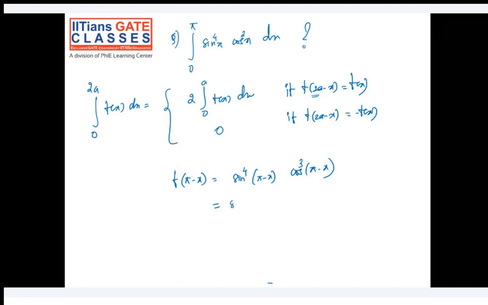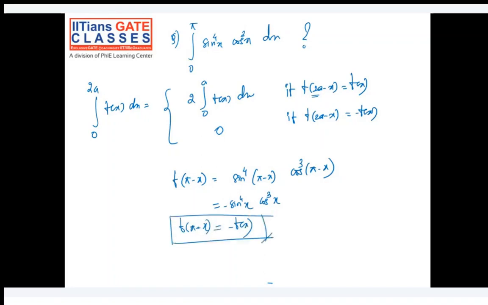Cos of 180 degree minus theta is minus cos theta, and minus cos theta raised to the power 3 is minus cos cube theta. So it's minus cos cube x. So basically f of pi minus x is equal to minus f of x. Hence the answer is 0 in this case.